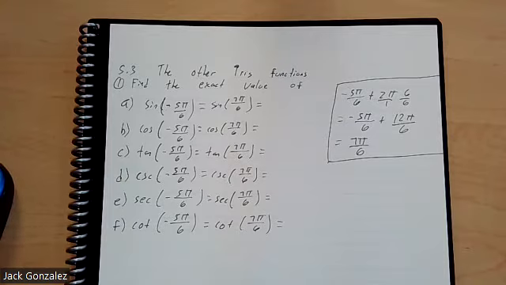Because if you go negative 5/6, that's basically 150, right? So it'd be like over here, right? Which is the same thing.